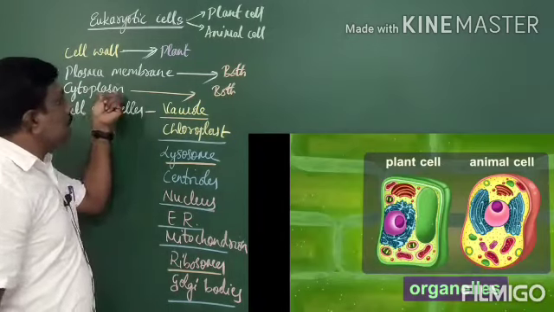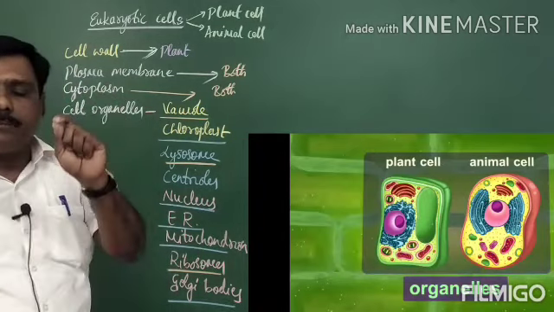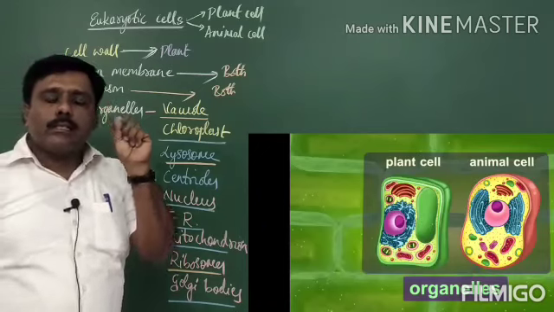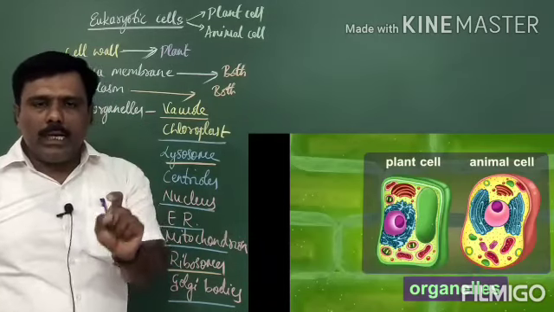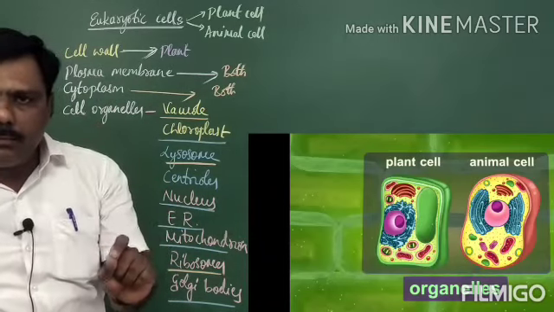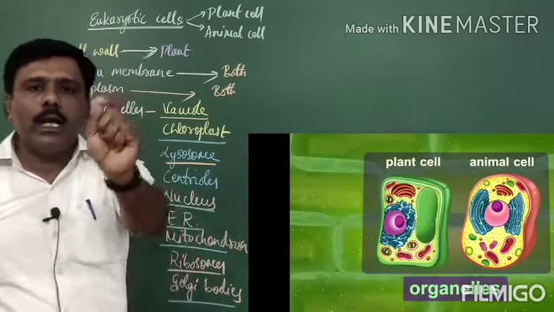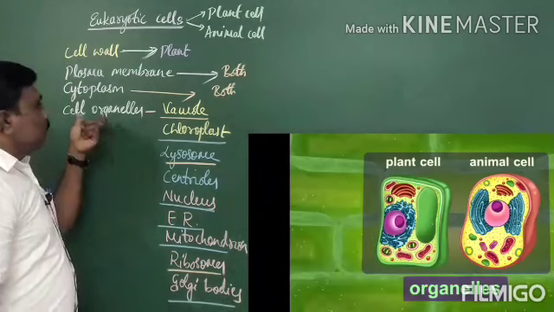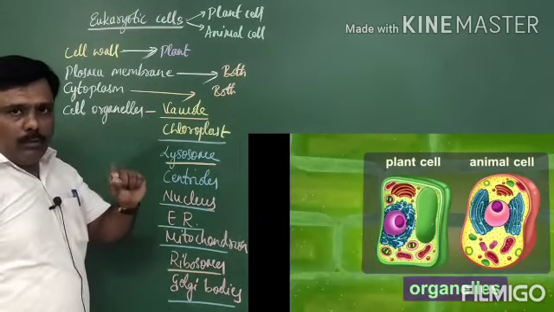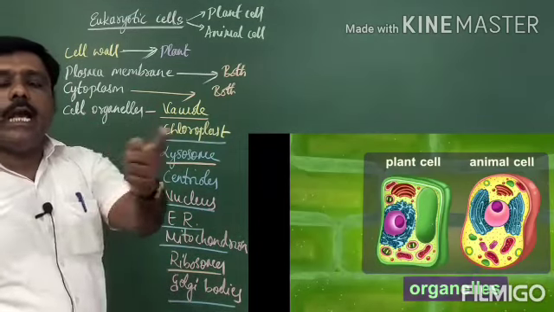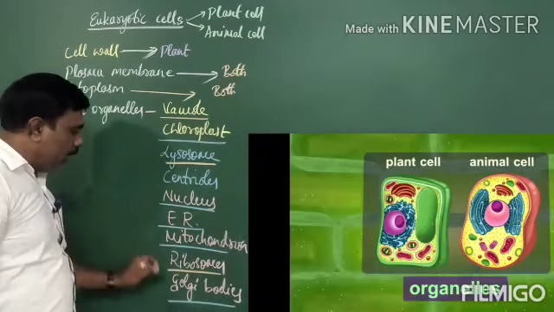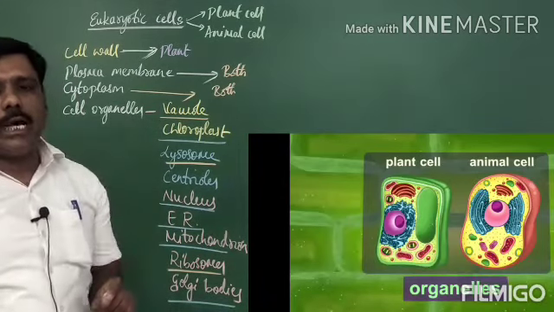Anyhow, the cytoplasm of the eukaryotic cells contains membraneless cell organelles, single membrane bounded cell organelles and double membrane bounded cell organelles, right? These cell organelles are found both in plant and animal cells. Let's see these cell organelles.